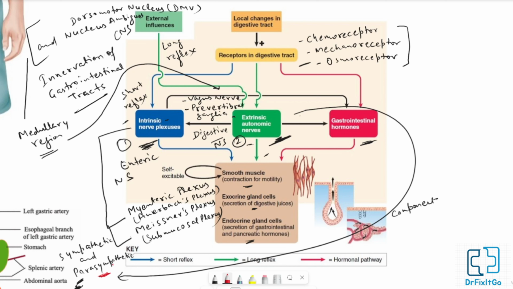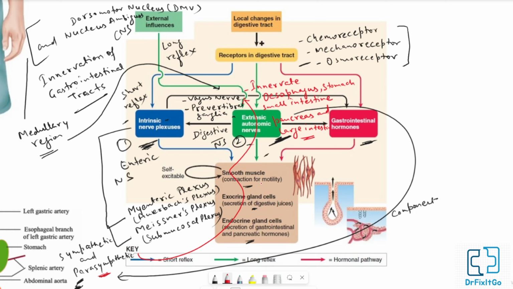The parasympathetic supply to the GIT is mainly through the vagus nerve and innervates the esophagus, stomach, small intestine, pancreas and large intestine, up to the splenic flexure.